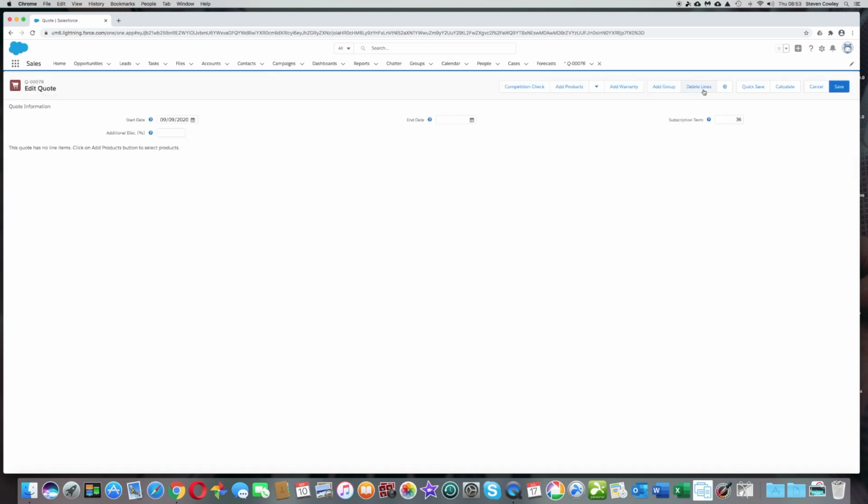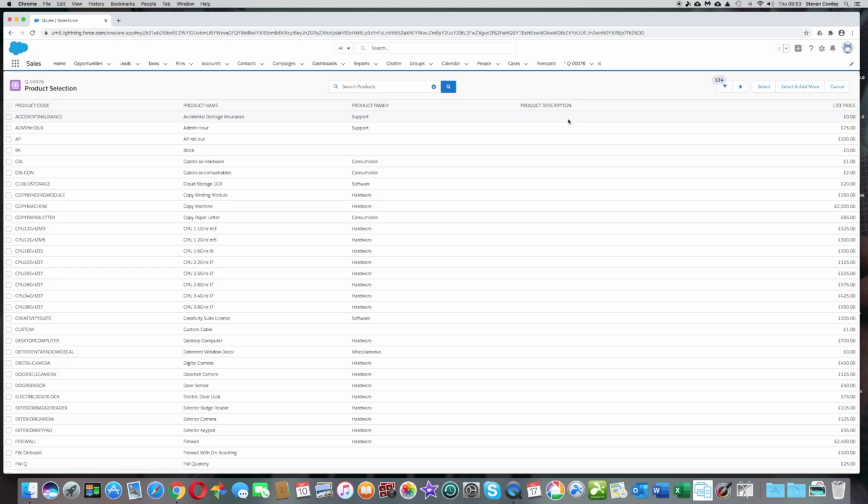So as well as being able to divide the quote up into fixed segments of time, of monthly, quarterly or yearly, and having an initial charge like the onboarding charge, you can also use custom periods.